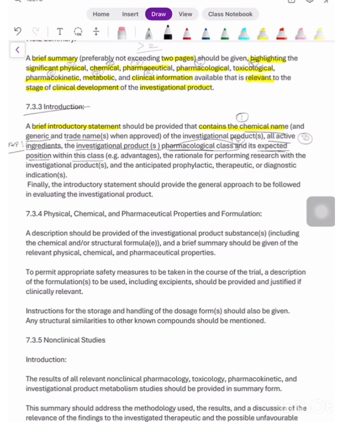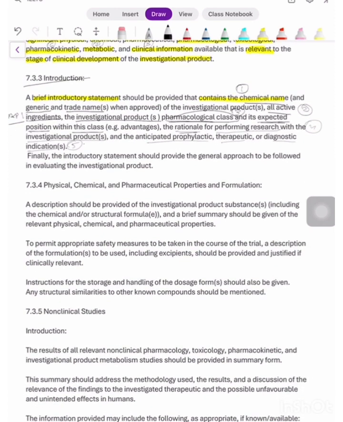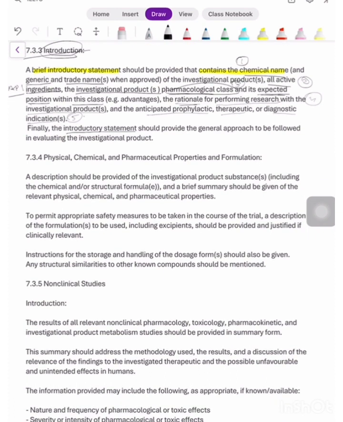Then the rationale, the justification, the logic for performing the research with the investigational product. Why are you performing that particular research with that particular investigational product, and the anticipated prophylactic, therapeutic or diagnostic indication. So the therapeutic indication that the investigational product has is written in the introductory part. Finally, the introductory statement should provide the general approach to be followed in evaluating the investigational product.